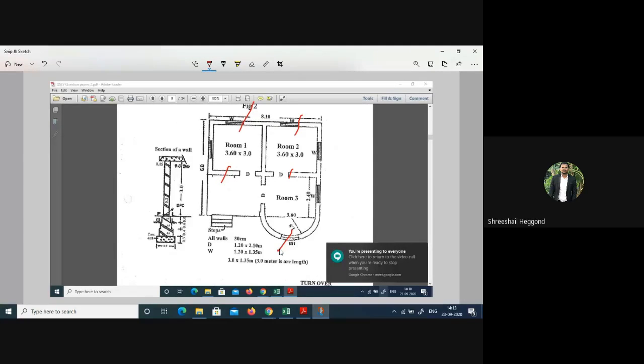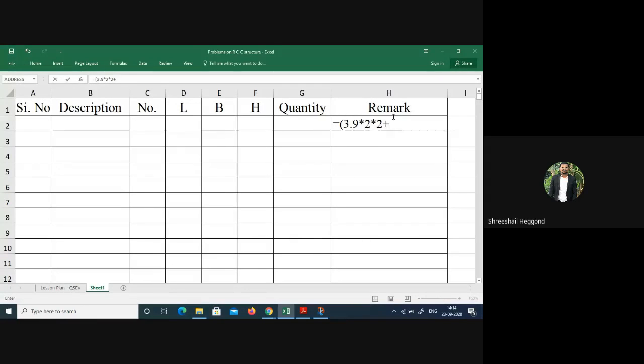The r value here, the internal dimension, is 1.8, but for the center you have to add half of the wall thickness. That will be 1.95. The length will be 6.128, or directly you can take 6.13, pi r.